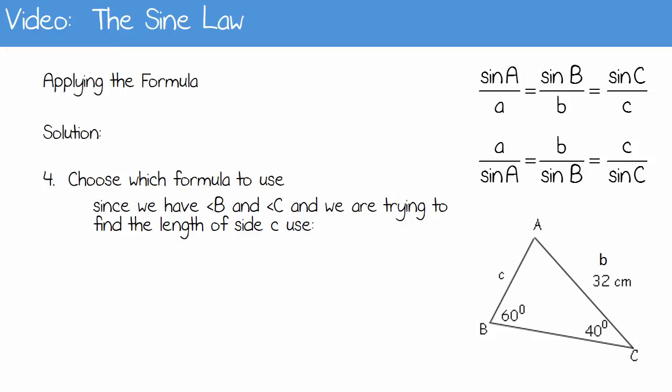Since we have angle B and angle C, and we are trying to find the length of c, we will use c over sine C equals b over sine B. The unknown value should always be at the top left side.